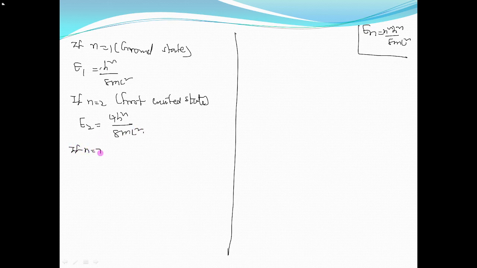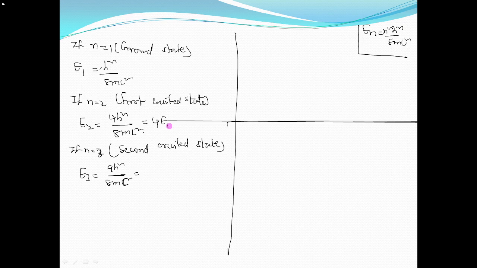If n is equal to 3, second excited state, E3 is equal to 9h square by 8m L square. Like this, so on.